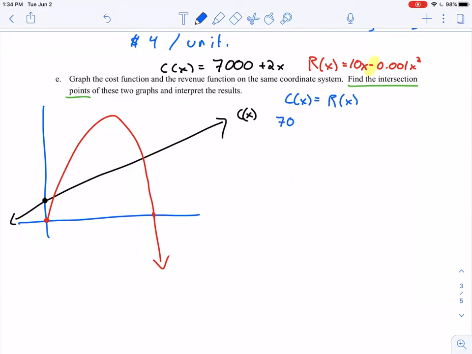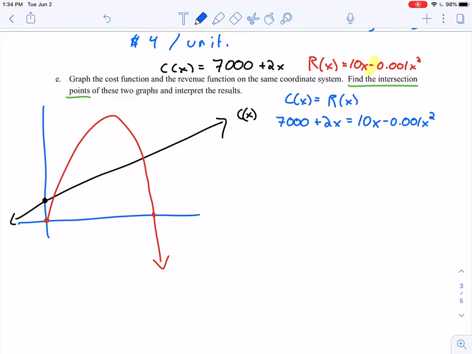I have 7,000 plus 2x is equal to 10x minus 0.001x squared. Here I'm essentially just trying to solve this quadratic equation, and the easiest way to solve a quadratic equation is to set it equal to 0.